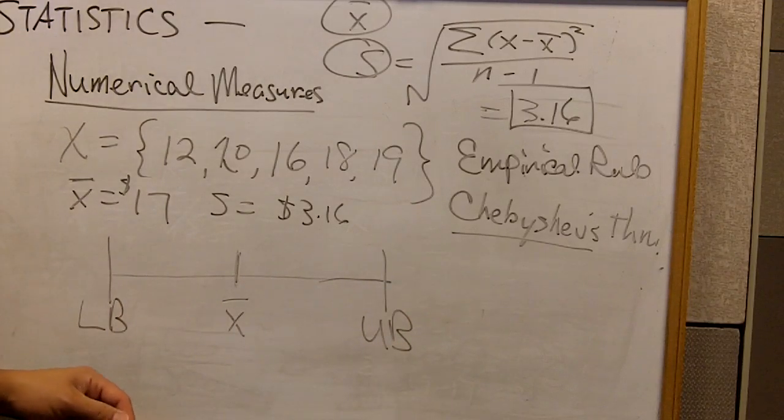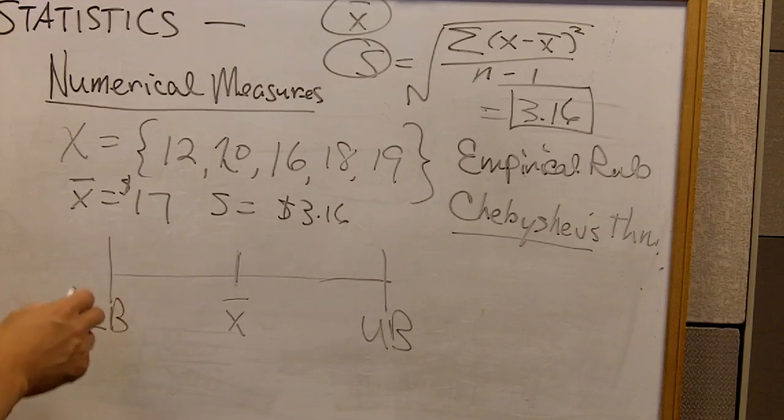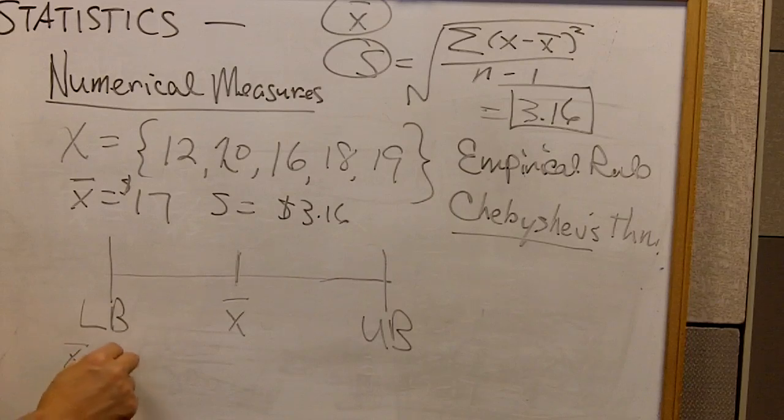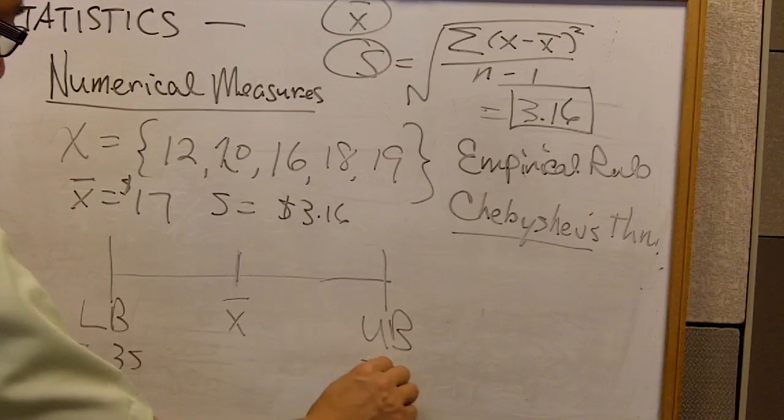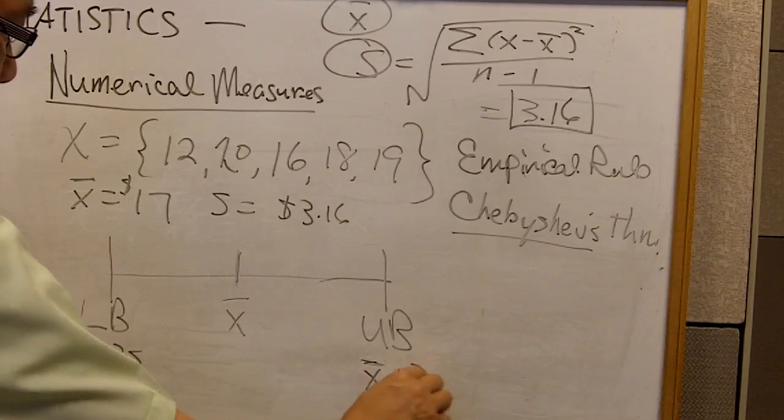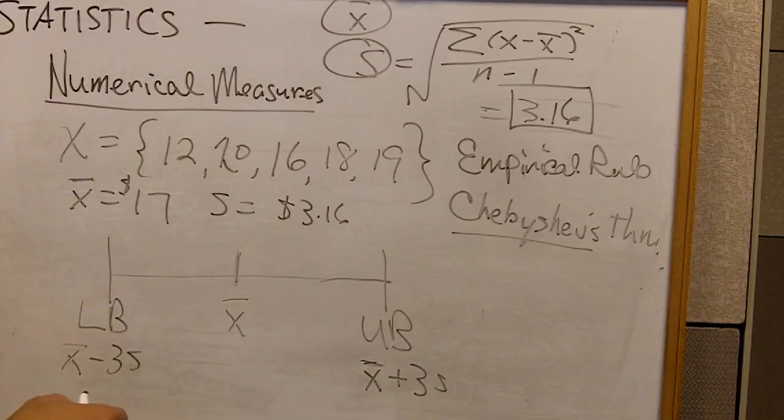Using the empirical rule, we basically say anything that is 3 standard deviations away. So that is X bar minus 3S, or X bar plus 3S. That would be the upper bound.